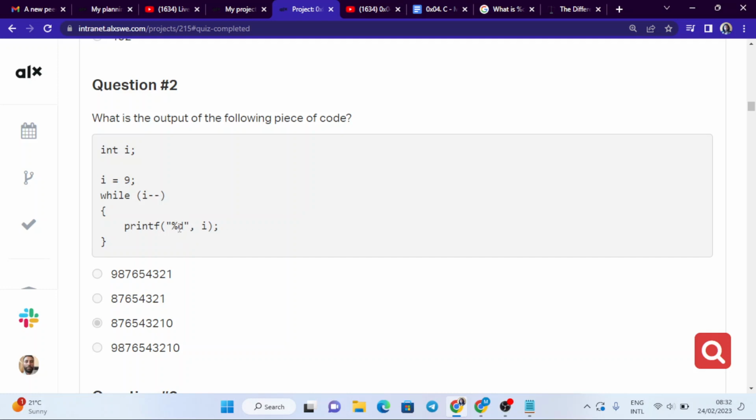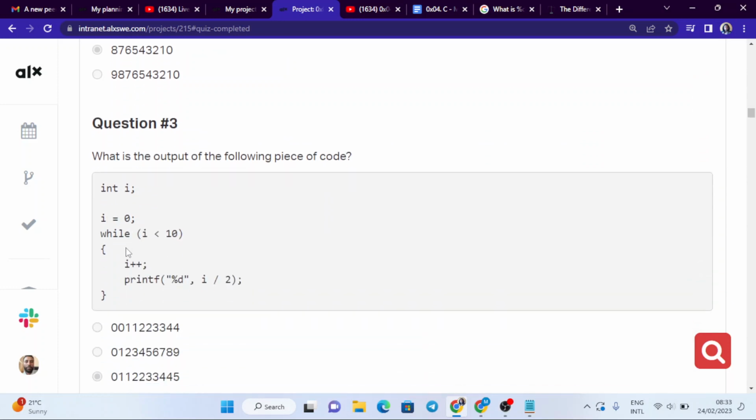For the first case, when 9 is i, we decrement, which gives 9, then 8, and 8 comes here and is printed out. Then i equals 8, minus minus, which is 7, and like that it continues down to 0.